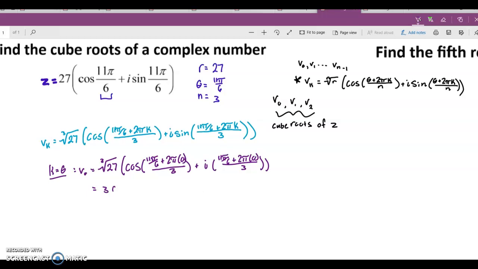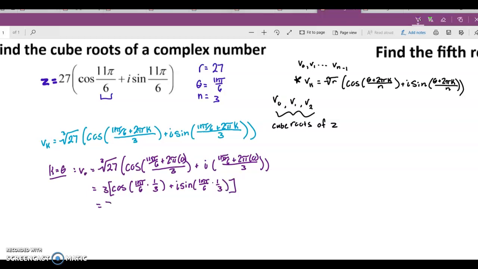Simplifying inside of these parentheses, 11 pi over 6 plus 2 pi times 0 is just 11 pi over 6. Divided by 3 is the same thing as times 1/3. Oh wait, hang on, that bracket would be outside here. Plus i times sine of the same thing, because the parentheses should always match.